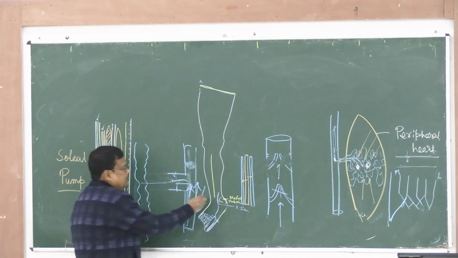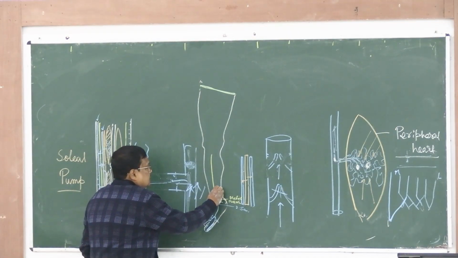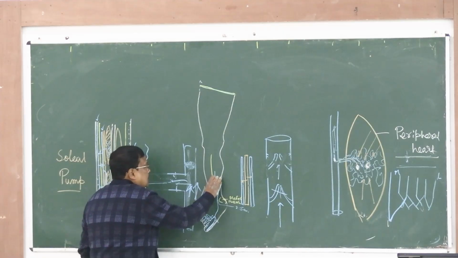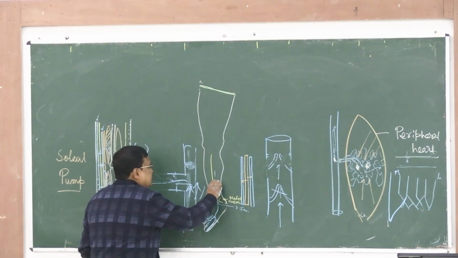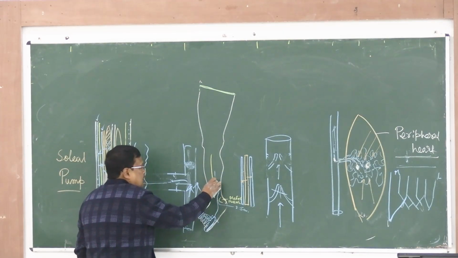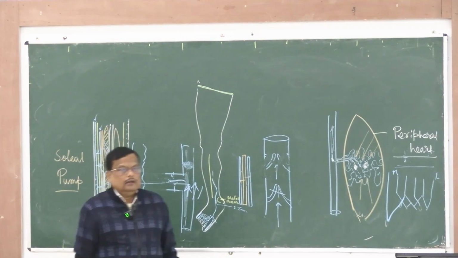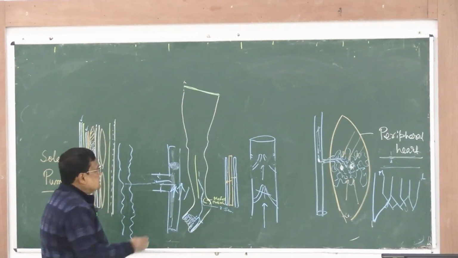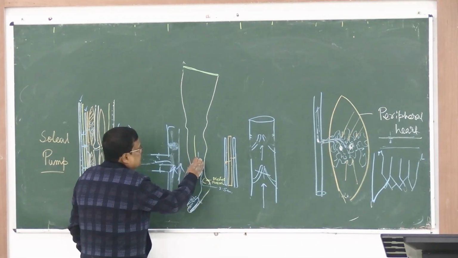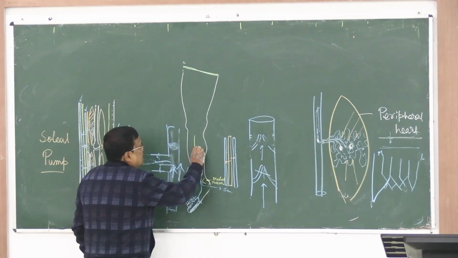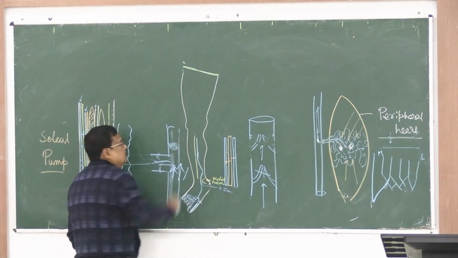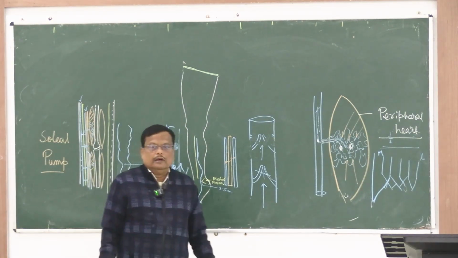Passing in front of the medial malleolus, then it ascends up, crossing the medial third of the tibia, the medial third of the leg, and ascends one finger breadth behind the anterior border of the tibia, the shin.